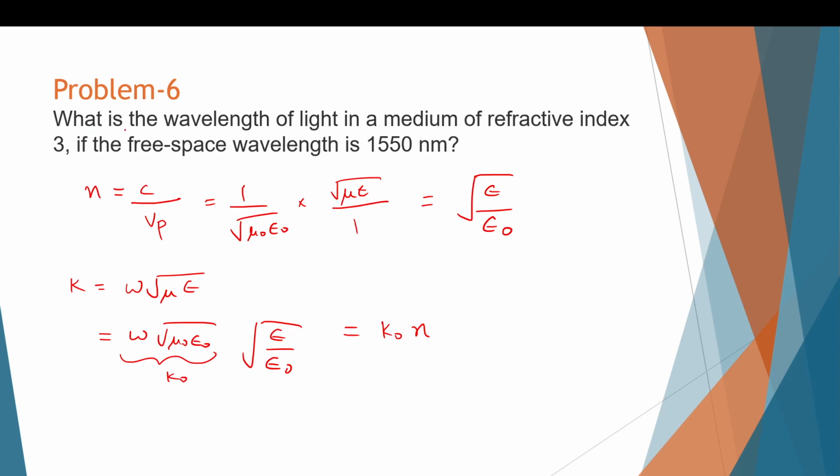Now what they're asking is the wavelength of light in the medium if the free space wavelength is so much, so I have to convert k into wavelength. If I denote the wavelength in the medium by lambda prime, this is 2 pi over lambda prime equals 2 pi over lambda times n. The 2 pi cancel, which implies lambda prime equals lambda over n. So the wavelength in a medium is equal to the wavelength in free space upon n, where n is the refractive index. So that's it. We can just substitute and get the answer.